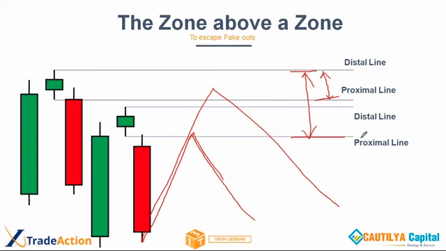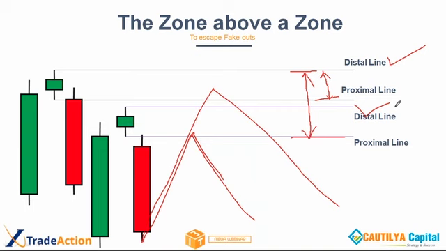It might respect your stop loss, and this first distal line can be protected, and the price might not go to the second distal line, and it is a probability. That is the most important thing. Price can always go and test whichever zone it wants.